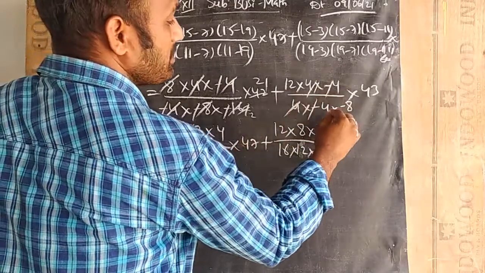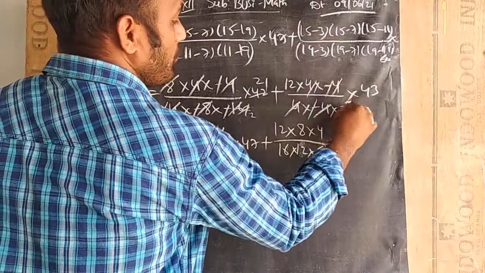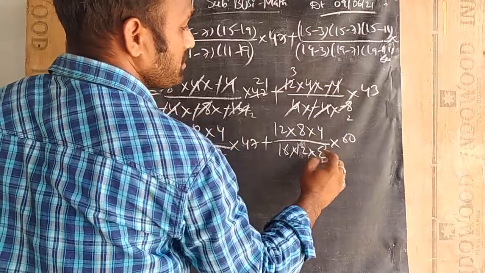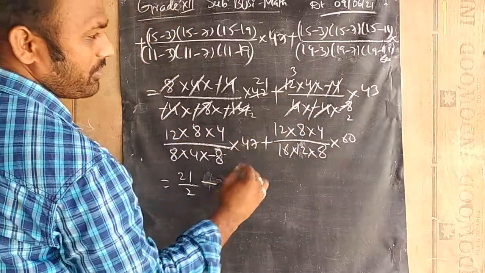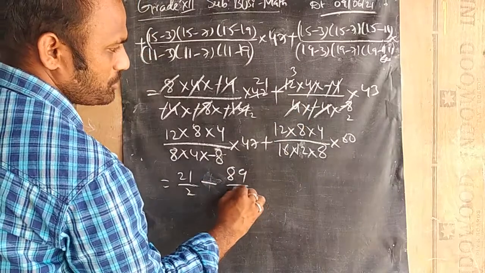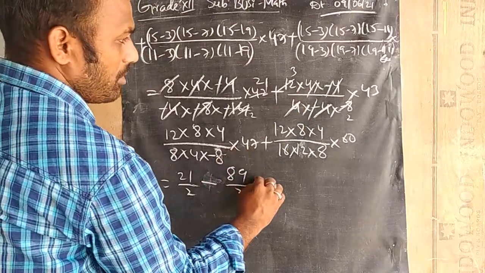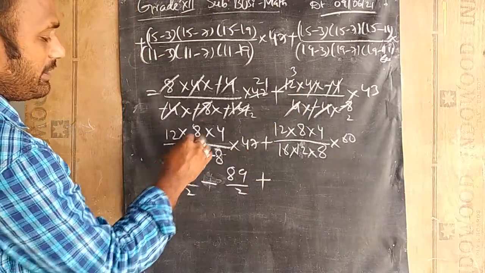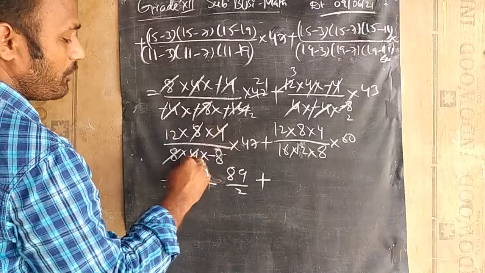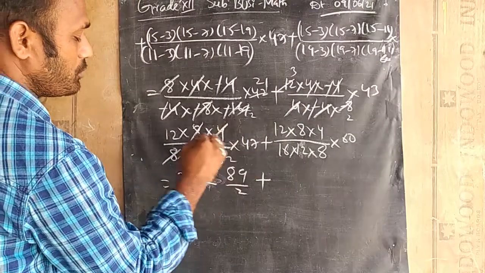4 gets cancelled, 4 gets cancelled, 4 2s, 4 3s: 89 by 2. Plus 8 gets cancelled, 4 2s, 4 3s.